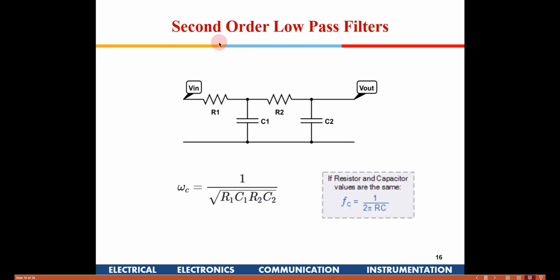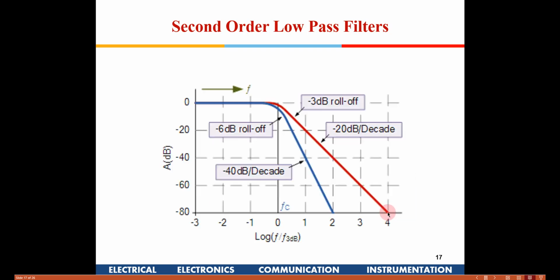Similarly, like we did, we can also have second order low pass filters, where you can have two RC or LR filters cascaded to obtain the second order filter. If these values are the same, the center frequency will be 1 by 2 pi RC, like in the previous case.